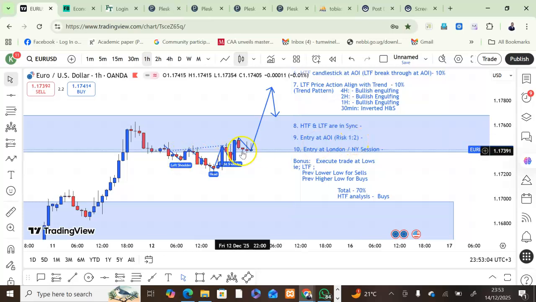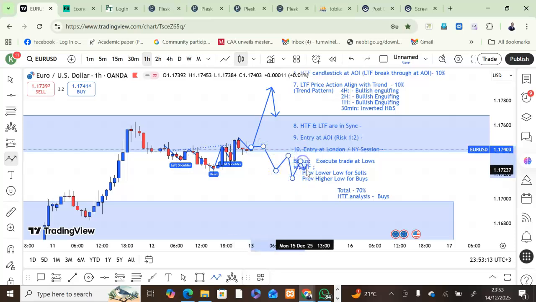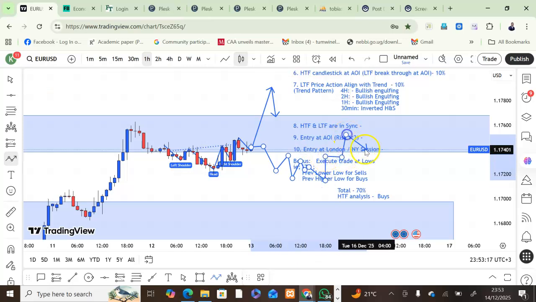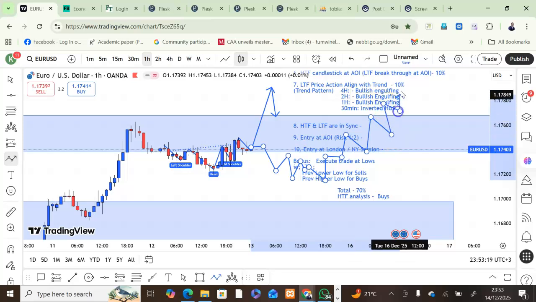You have to wait for that too, because this trade can also play something like this. It can come back here, then it comes back down here, then here, here, then it moves like that. Then maybe on Wednesday, that is when you can see the trade playing out like this. And then finally, it gives a long bullish move to the upside.